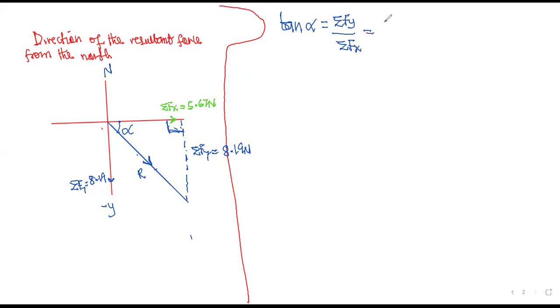This is 8.19 divided by 5.67. Please give me this ratio. 8.19 divided by 5.67 is 1.44.